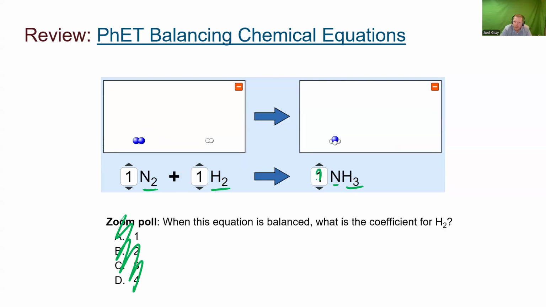If we upped this to 2, then our nitrogens would be balanced. We've got 2 on each side. What about our hydrogens? Not quite. What number could we put in front of the H2 to make this a balanced chemical reaction? Add it to the chat.